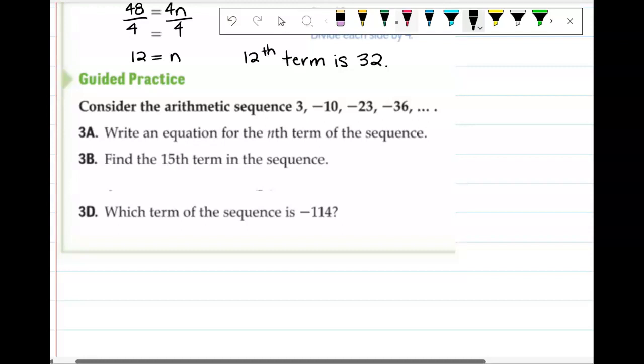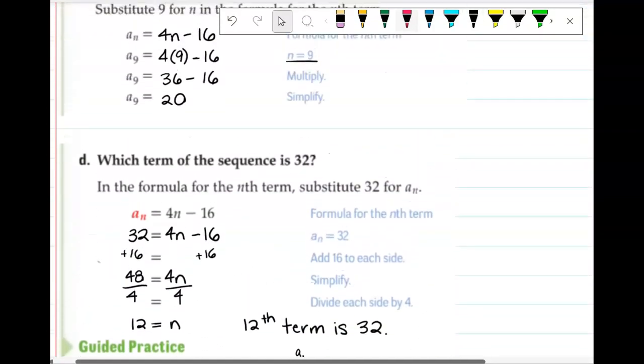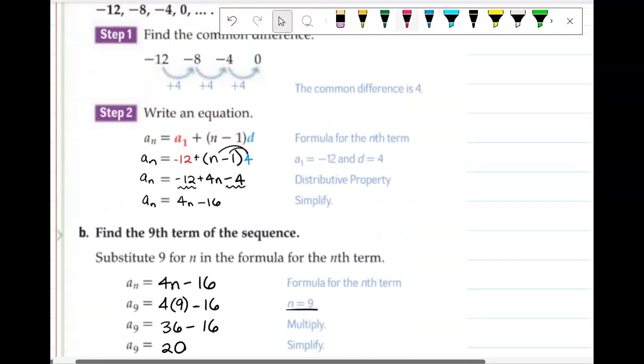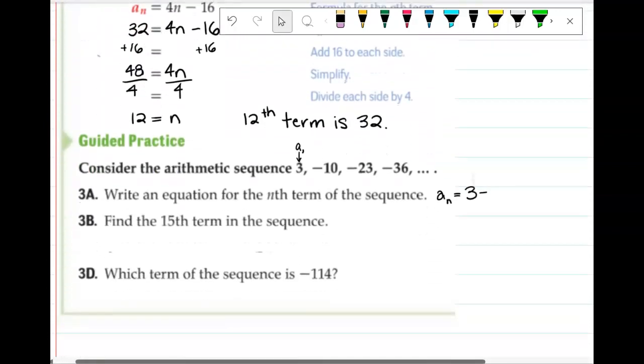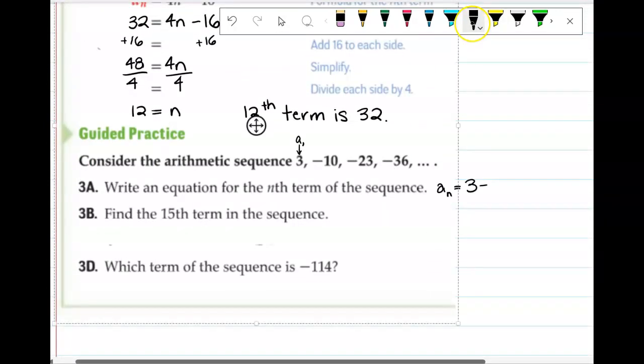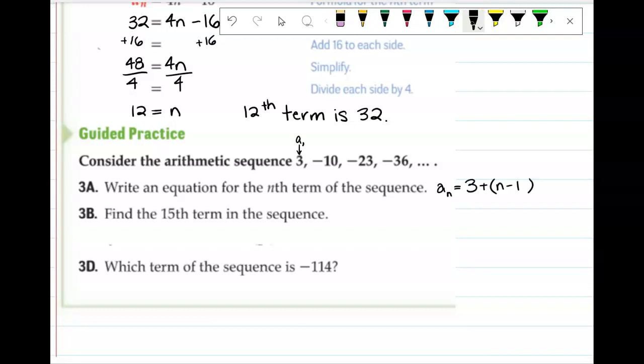All right, let's write an equation for this one. a sub n equals a sub 1, which in this case is 3, the first term. That's always a sub 1. Going back to our formula, this is our formula we're using. a sub n is a sub 1 plus the quantity n minus 1 times the common difference.